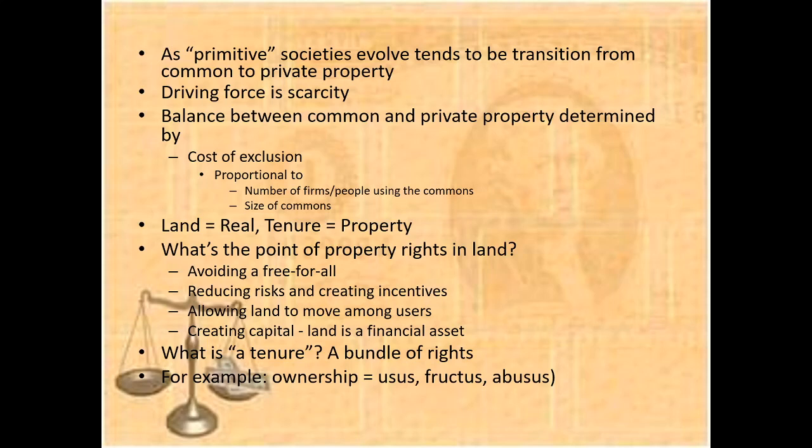So a primitive society is said to have transitioned from common to private property. This is a statement normally everybody tries to inculcate. That is, in a primitive society, everything is common.